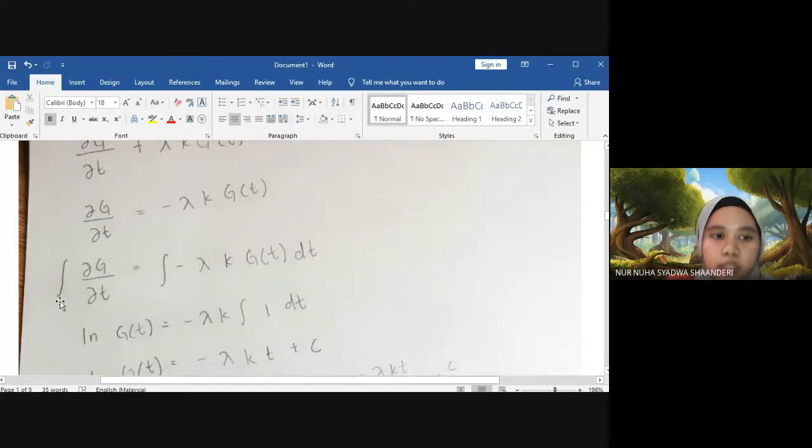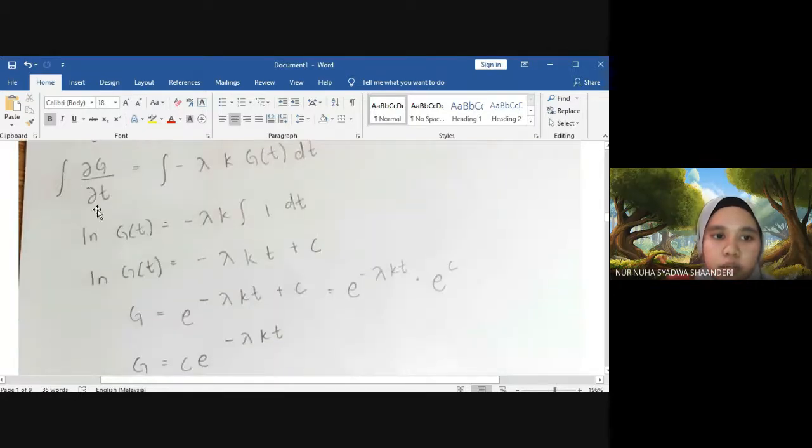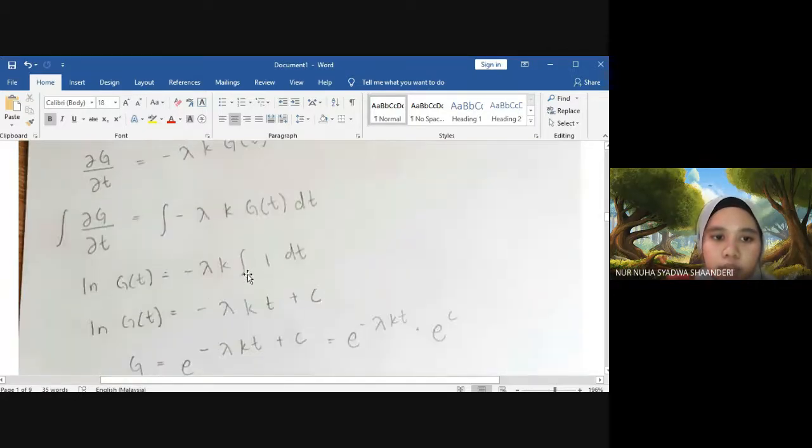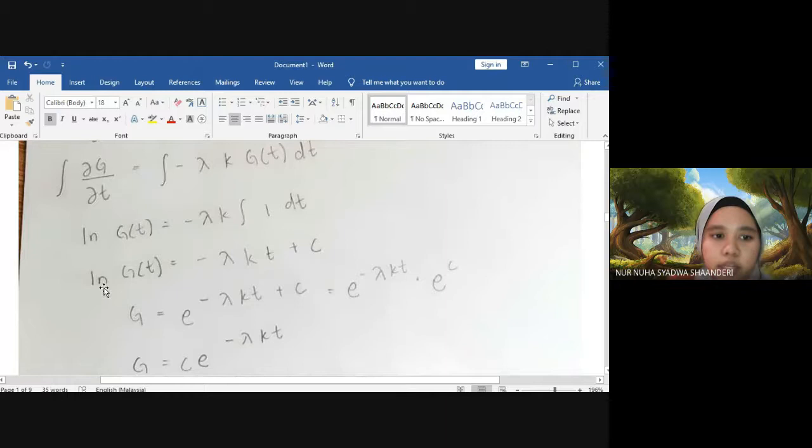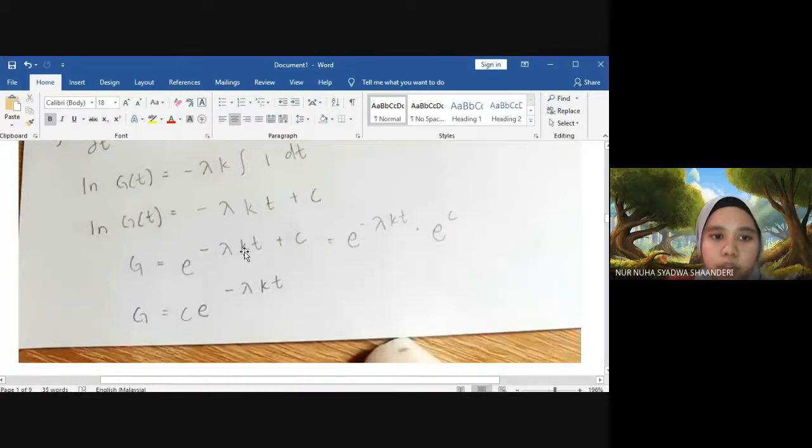And then we integrate both sides, and on the left side we get ln g(t), and on the right side we bring out the negative lambda k, and then we get this answer, and the ln we bring to the right, and we get g equals to exponent power of negative lambda kt plus c, and we can expand this one to this form, and then this exponent power of c, we can write this as a constant, so we get this answer, g equals to c exponent power of negative lambda kt.